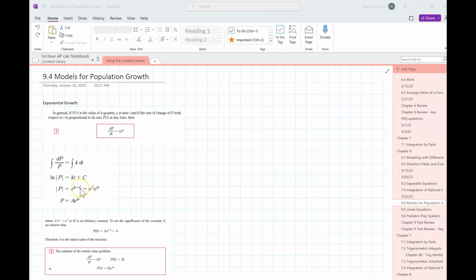So e to the kt plus c becomes e to the c times e to the kt. Because we've defined population to always be a positive value, I can just drop my absolute values. And e to the c, we can just call the constant a.